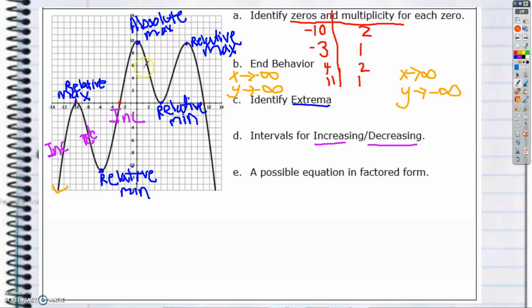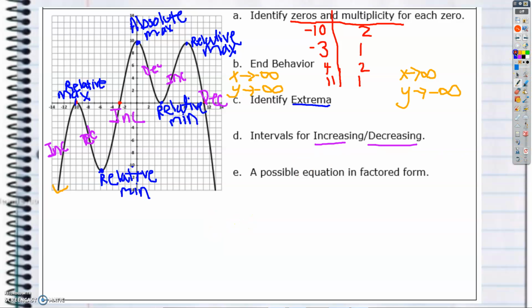So now I'm going down, so that is decreasing. Until right here, there's another extrema, so it's going to change directions again, and that means it's going up, so that's increasing. And then here's another extrema, so it changes directions again, and I'm going down to the end, so that is decreasing.